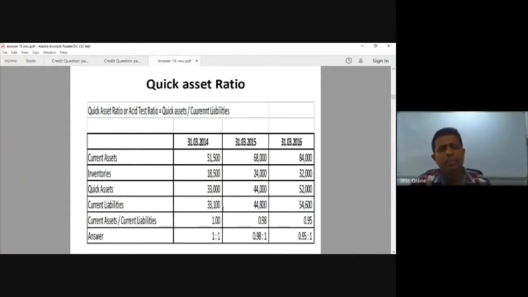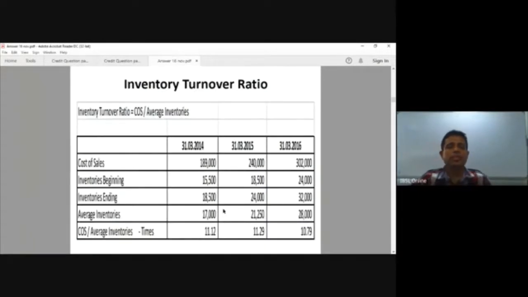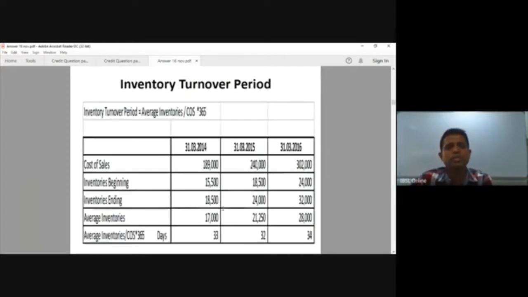Then we have finished with the liquidity ratios, that is the current ratio and quick asset ratio. We'll go to the next category, that is working capital ratios. Here, I'll skip the ratio inventory turnover. Instead, I will use the next ratio, the inventory turnover period.